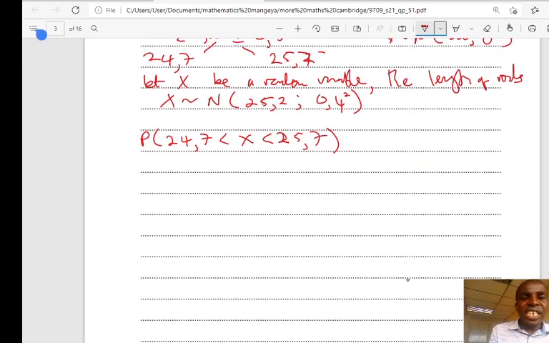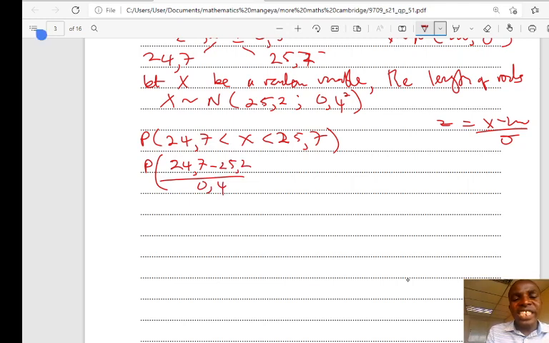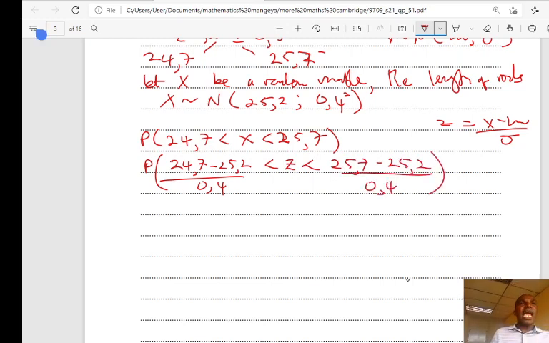Then standardizing using Z equals X minus mu over sigma, it will be the probability of 24.7 minus mu, which is 25.2, over sigma 0.4. That's the standard deviation. Then you convert X to standardized Z. Then 25.7 minus mu, which is 25.2, over sigma 0.4, like this.